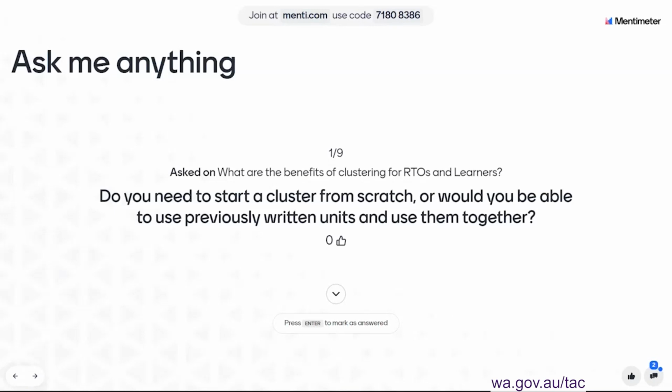Often the introduction of a new qualification is an opportunity to do this. You could start thinking about it from a cluster from the get-go, or you could go back and look at the previous assessments for the individual units and work out how you could combine them to make a cluster. That almost feels like a politician's answer, but you could do it both ways.